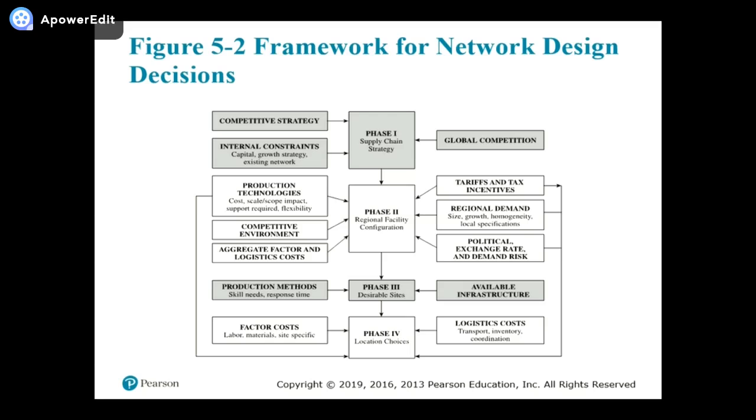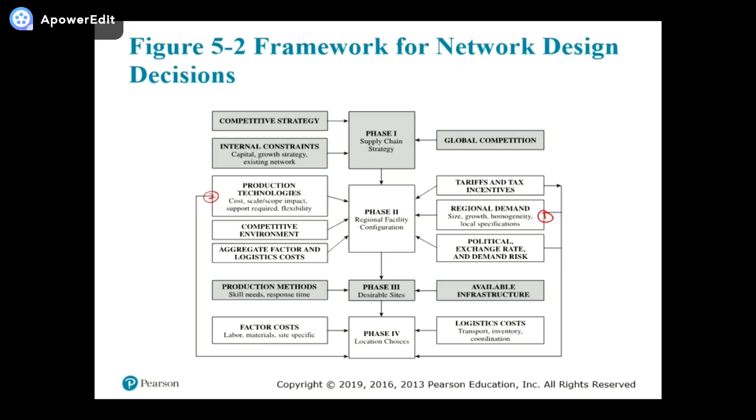So in this phase, generally we'll start with forecasting demand. So this is, of course, aggregate demand of the whole region. And then the next step is for the manager to identify whether the economy of scale or economy of scope can play a role in reducing cost given the identified production technologies.